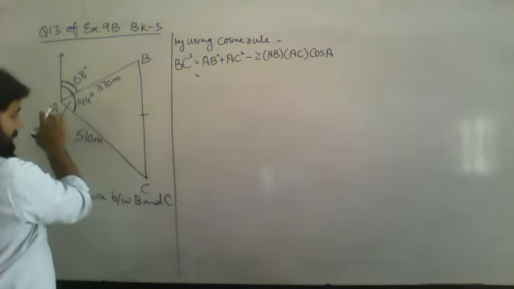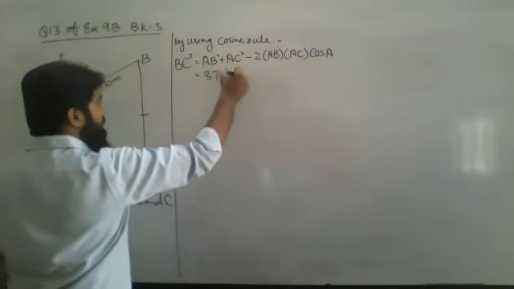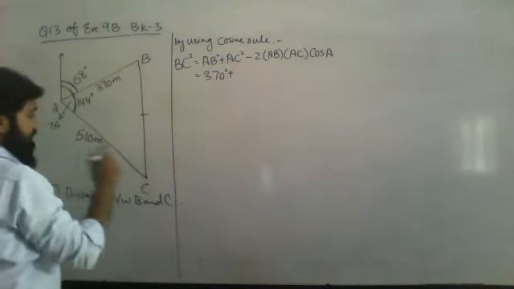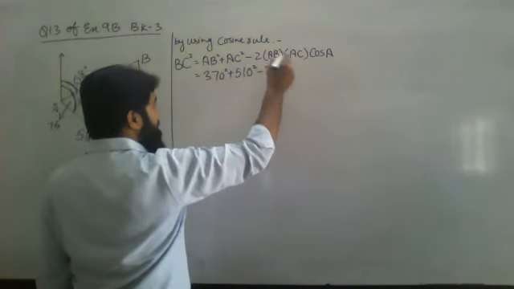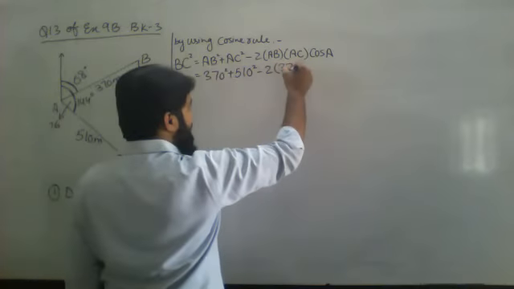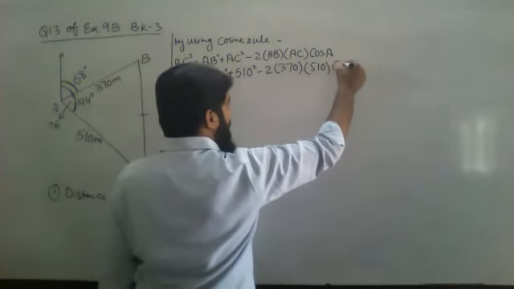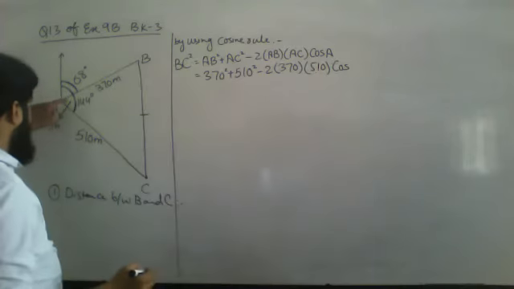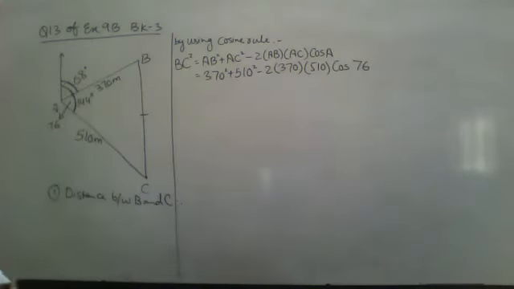Your AB is given as 370 square. AC is 510 minus 2 times AB is 370 and AC is 510 and cos of A is given 76. Okay, this I have got over here.